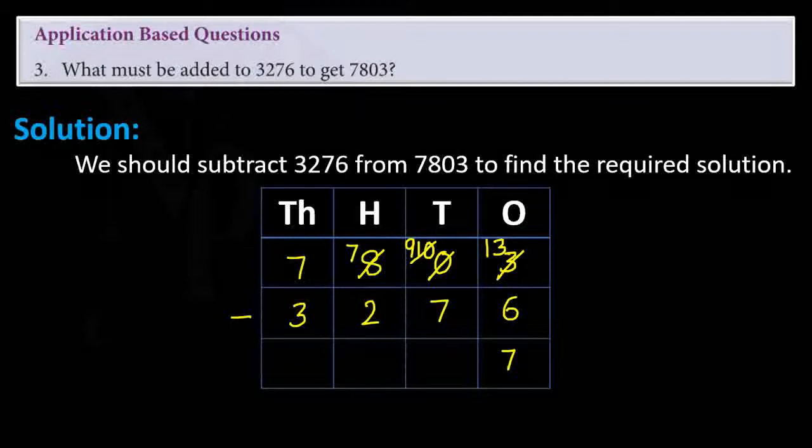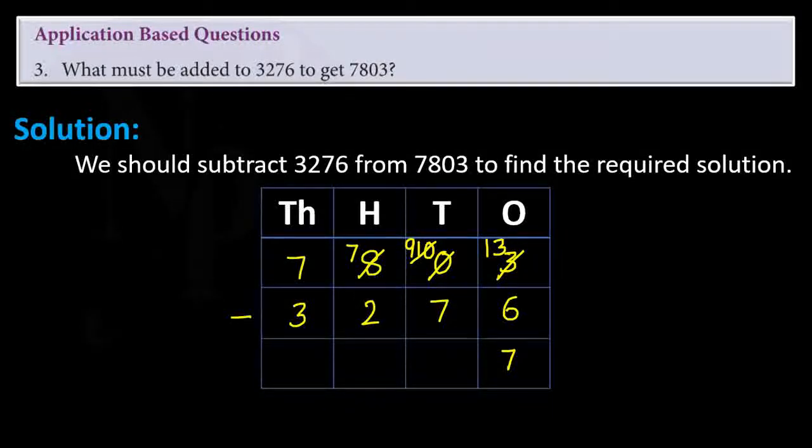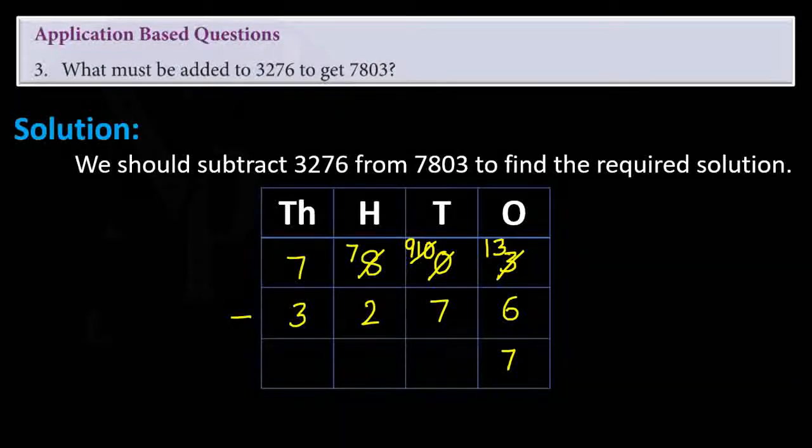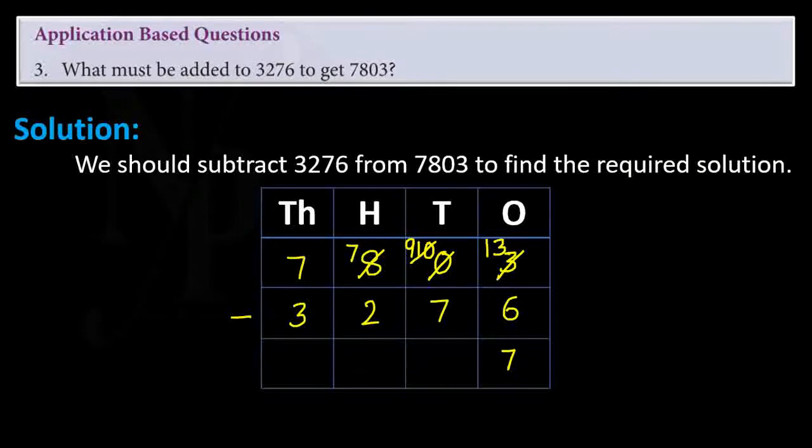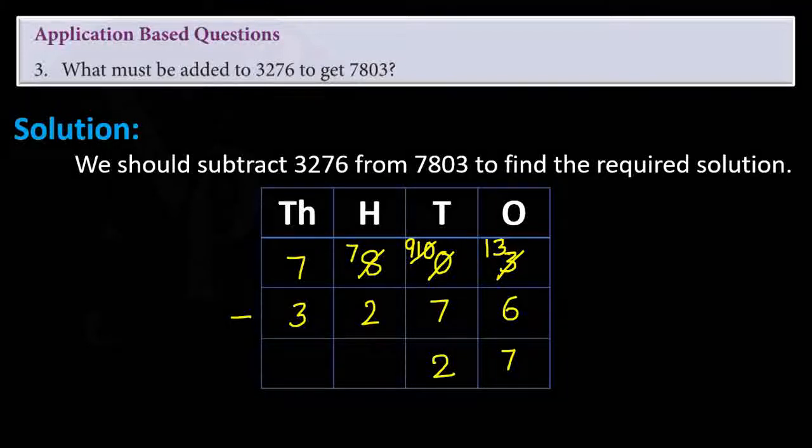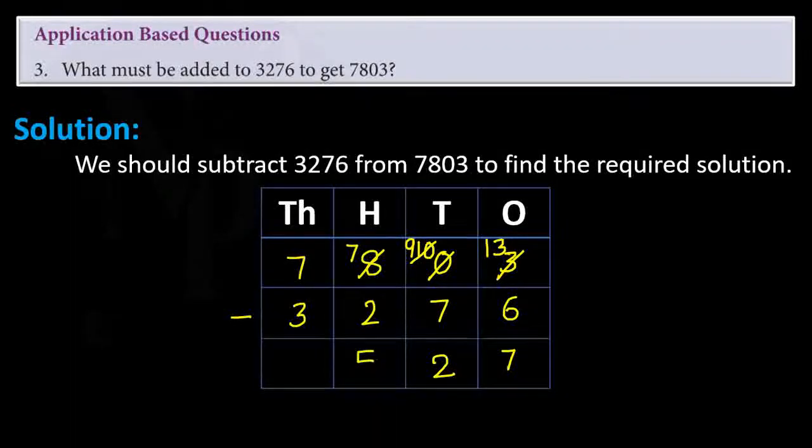Here we have 9. Remember, we have 9 here. So subtracting 7 from 9, we get 2, or it is 2 tens. Here we have 7 hundreds and 2 hundreds should be subtracted from 7 hundreds. So when we subtract 2 hundreds from 7 hundreds, we get 5 hundreds.